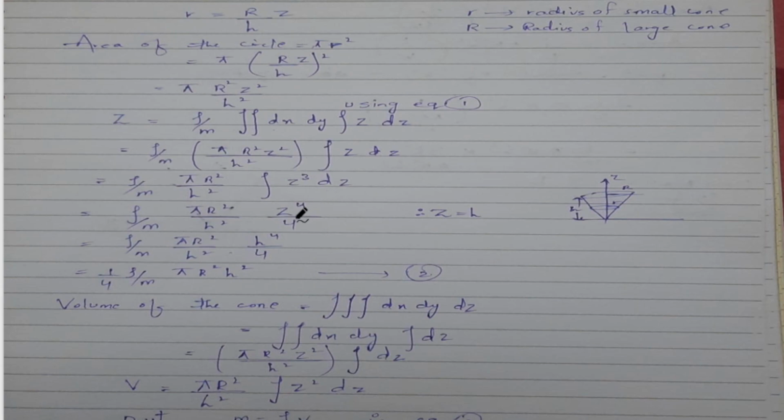Now you have to integrate it. Z to the 4 over 4, and you know that this height is equal to z, which is the position of the cone in actual. So z is equal to h. Now you have to cancel the same terms. You will get the area of the cone. This is the area of the circle of the cone.